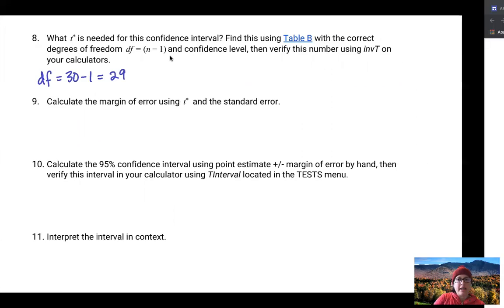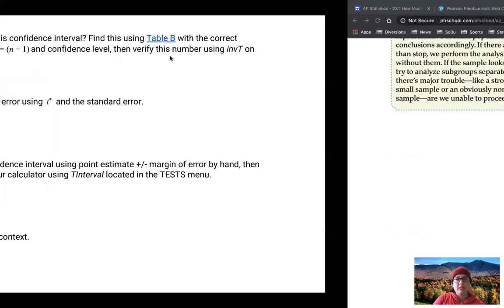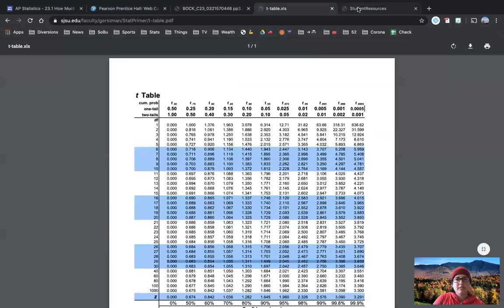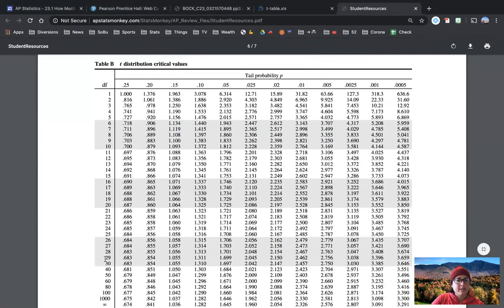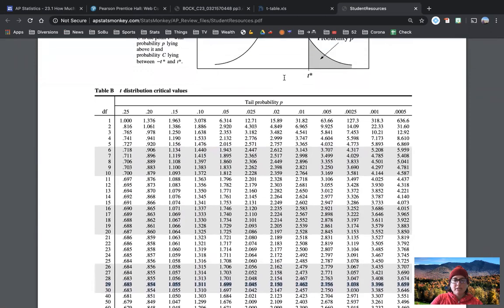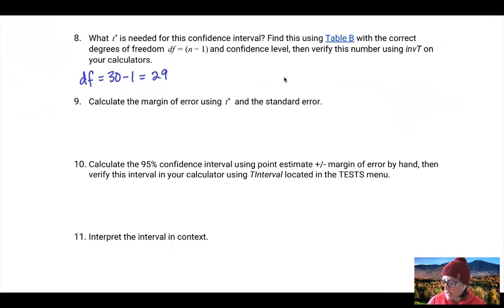So what we're going to do is we're going to hop over to our table. Let's look at this one. This is the one that it's linked to. And we're going to go down here and we're going to look where degrees of freedom, and we're going to look at the row that says 29. And we've got all these different values here. What we want to look at here is the tail probability. So if we are doing a 95% confidence interval, that means we want 95% of our data to be contained within this lower and upper bound.